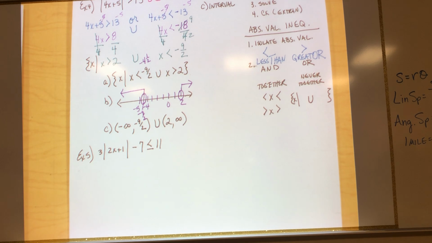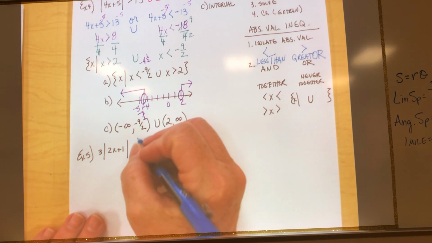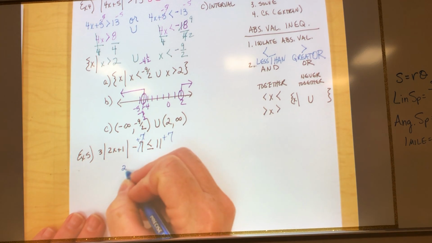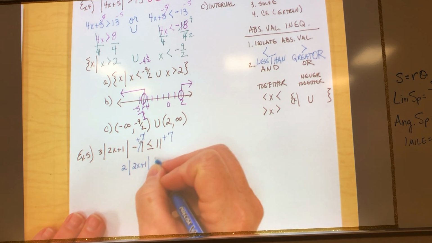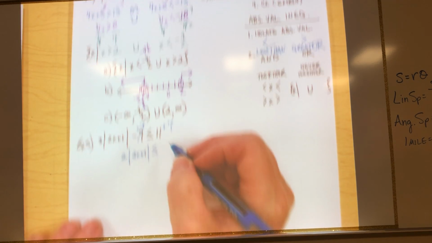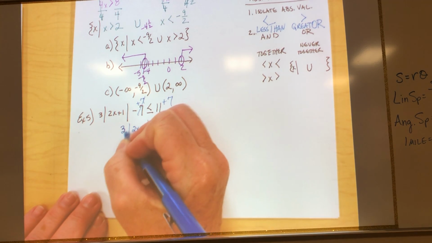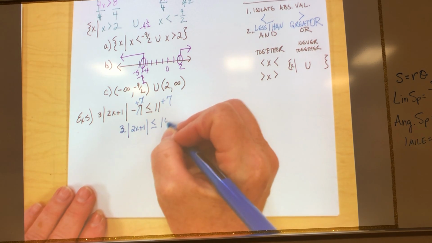All right, so if I'm isolating my absolute value, what do you get rid of first? The minus 7. How do you get rid of a minus 7? Okay, so I'm going to add 7 to both sides. So now I have 3 times the absolute value of 2x plus 1, less than or equal to, what's 11 and 7? 18?